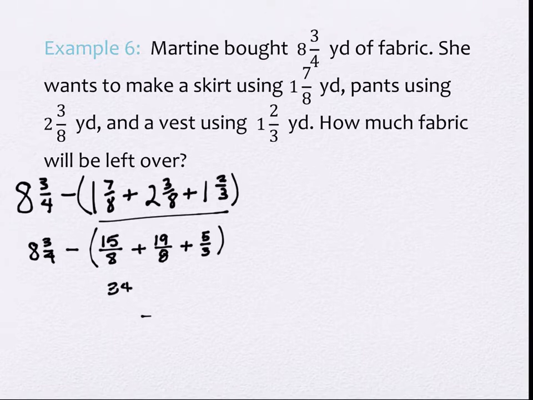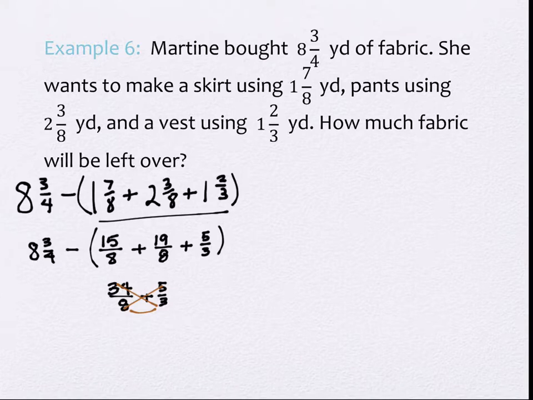34 over 8 plus 5/3. So how am I going to add those together? Yeah, we need a common denominator, and especially since 8 and 3 don't have anything in common, it would be just as nice to do the method that they're showing visually that we've been working with.